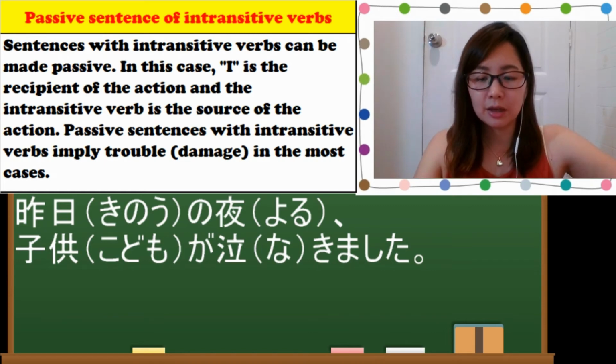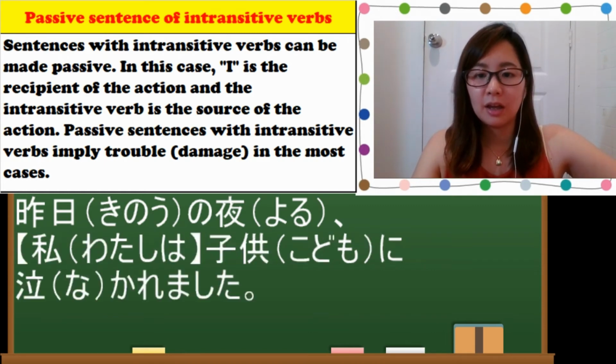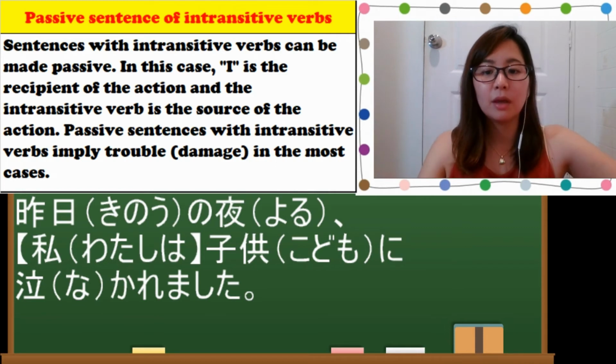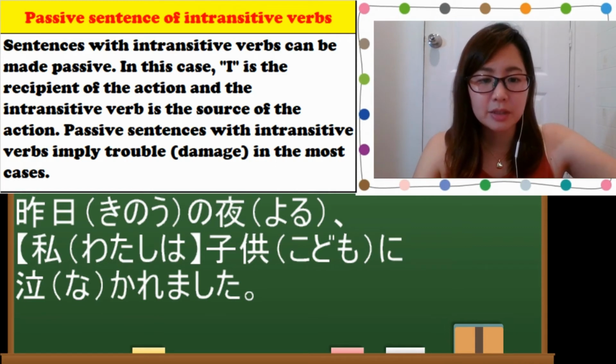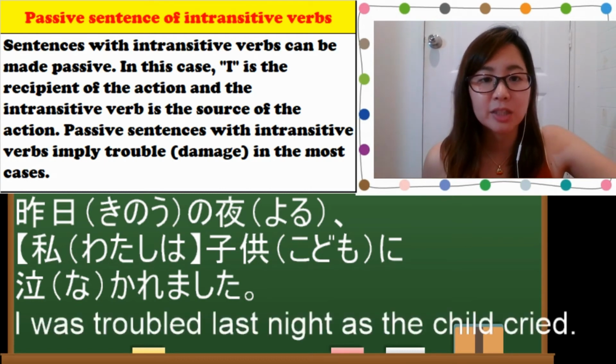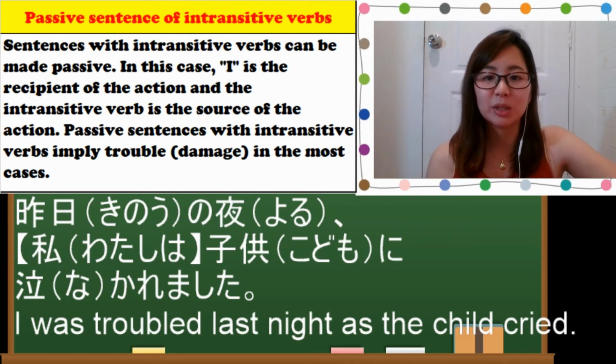If I say 昨日の夜、私は子供に泣かれました。So 泣きます, passive form will be 泣かれます。This means that I was troubled last night as the child cried.